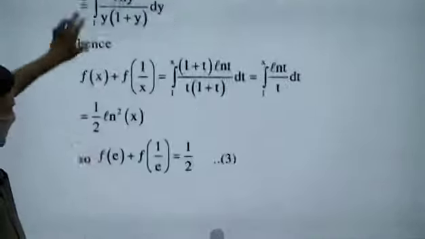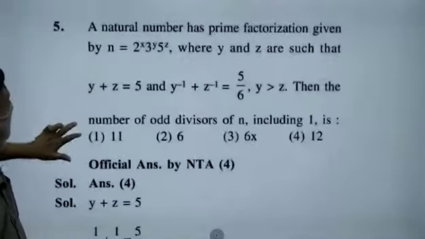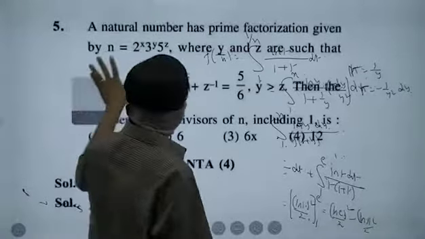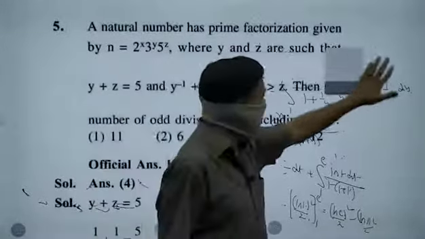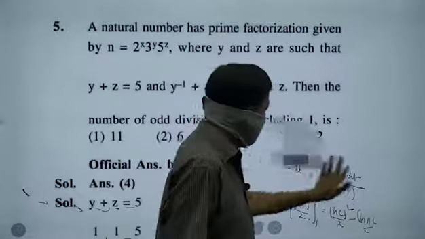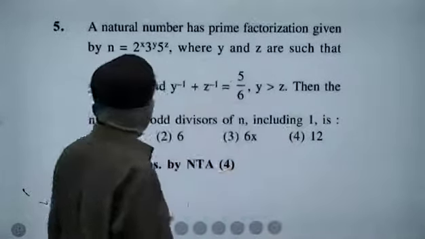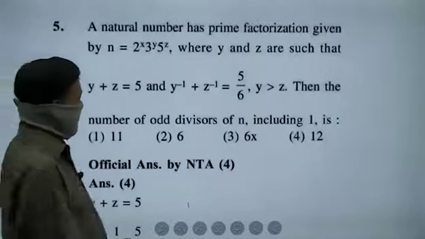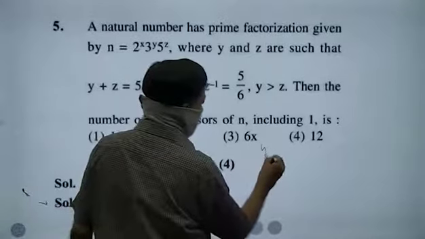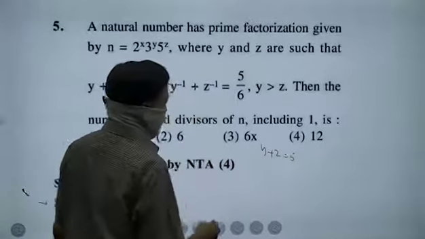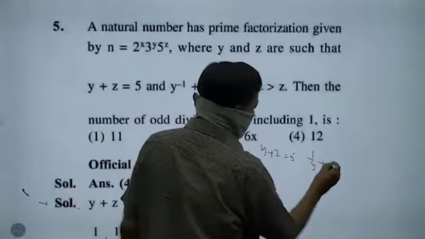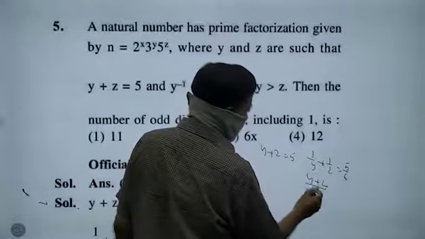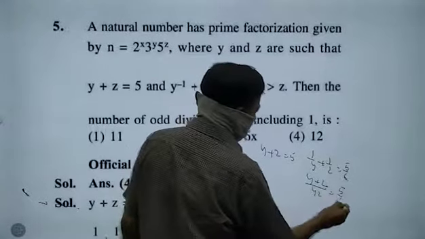So you can do this. Next question is, a natural number has a prime factorization given by 2 power x, 3 power y, 5 power z. y and z are connected by relations. y plus z is equal to 5. 1 by y plus 1 by z is equal to 5 by 6. y plus z by yz is equal to this.